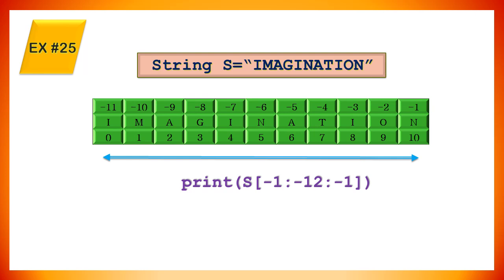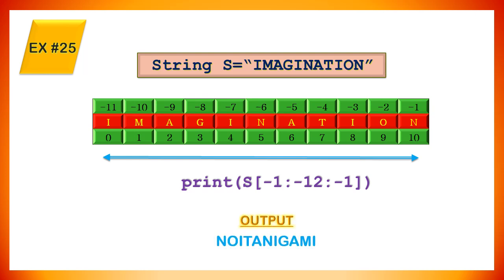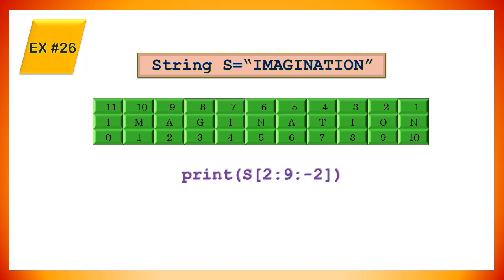That means in reverse order, all the characters will be generated. The string IMAGINATION gets selected, but the characters will be extracted from right hand side towards the left hand side. So the whole string gets reversed. The imagination string gets reversed and comes in the output as NOITANIGAMI.